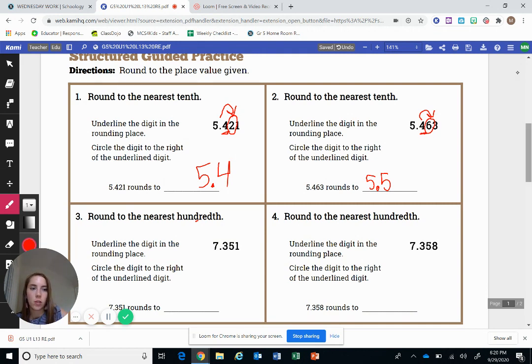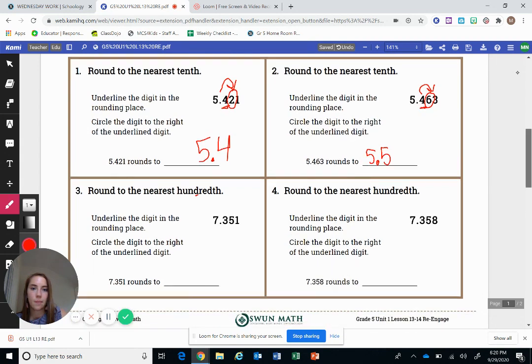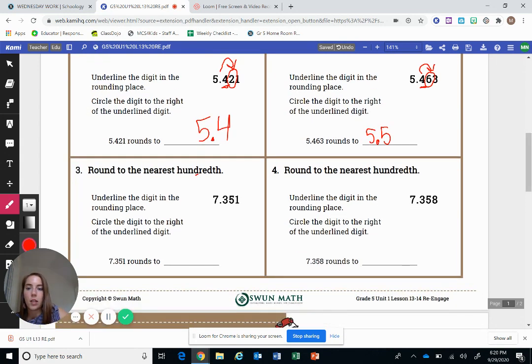Now let's try to round to the nearest hundredth. We need to underline the number in the rounding place. Well, 5 is in the rounding place. 5 is in the hundredths place. So now we need to circle the number to the right, which is 1. Draw your arrow.